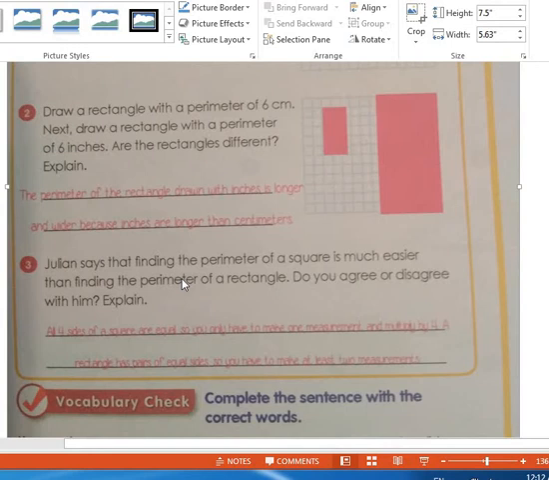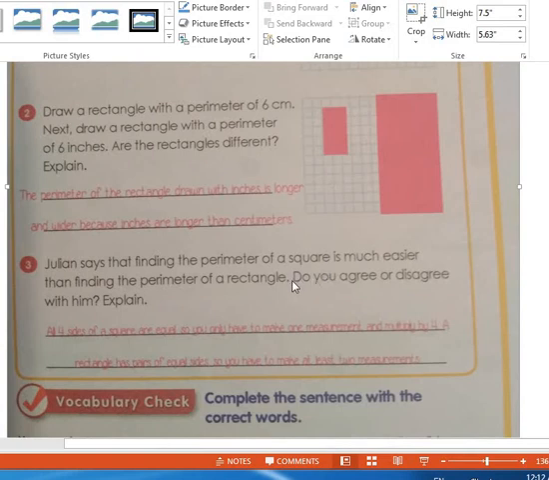As I told you before, all the sides of the square are equal in length, and in the rectangle each two opposite sides are equal in length. So I agree with him, because when I say the perimeter of a square and he gives me just one side, I can calculate the 4 sides.